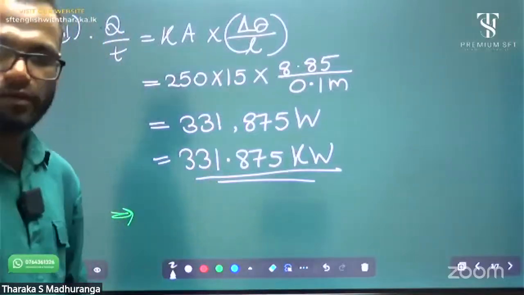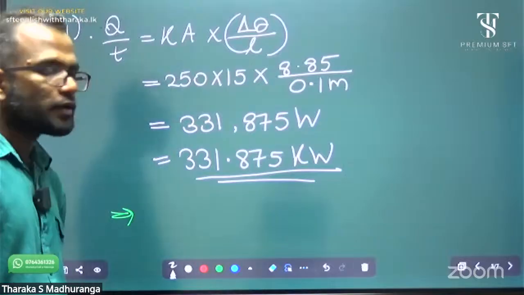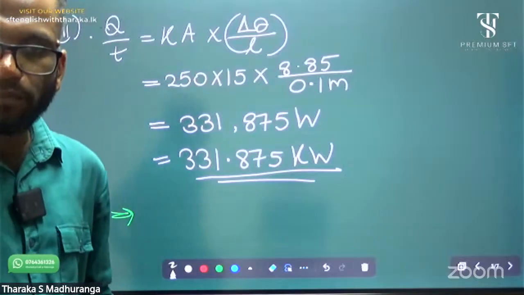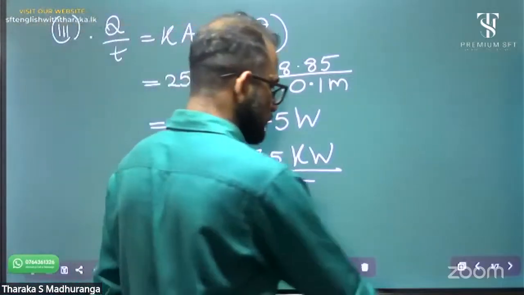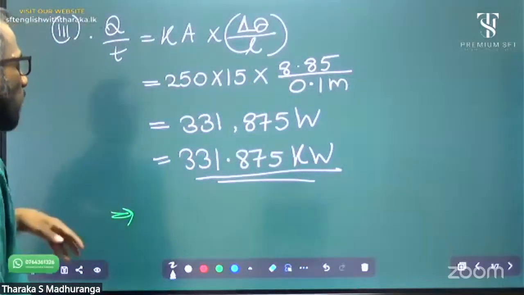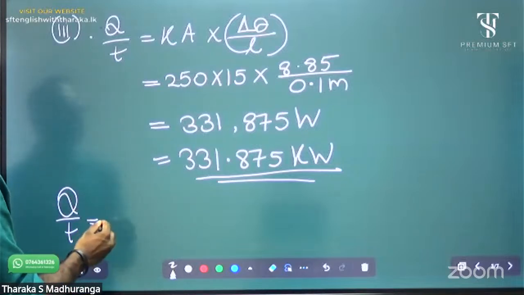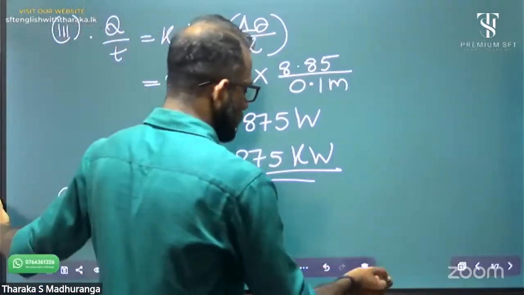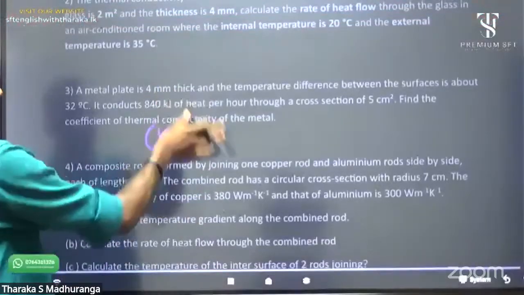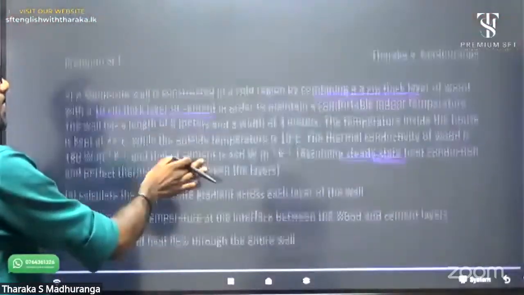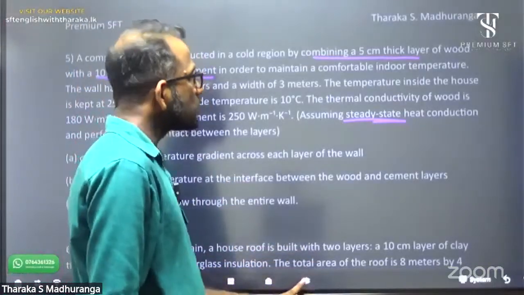It is 875. If you got it using Q over T, you have to find the K value. Yeah, these answers change.